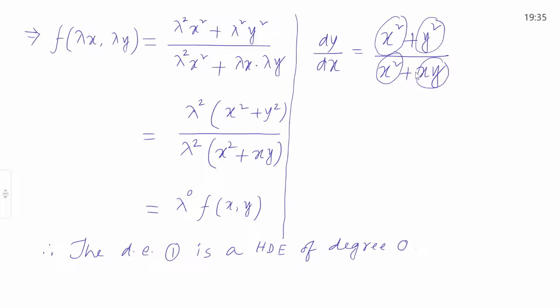If the total power of x and y is the same in each term, whether 2, 3 or 1, then you are sure that the given differential equation is a homogeneous differential equation.